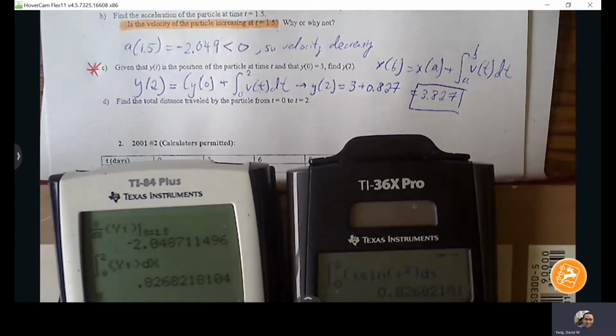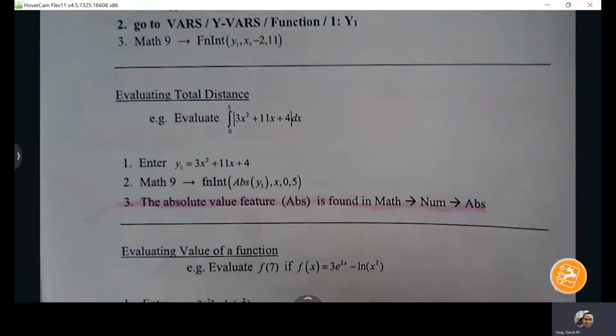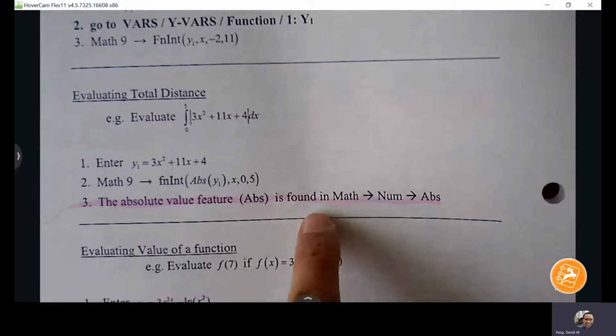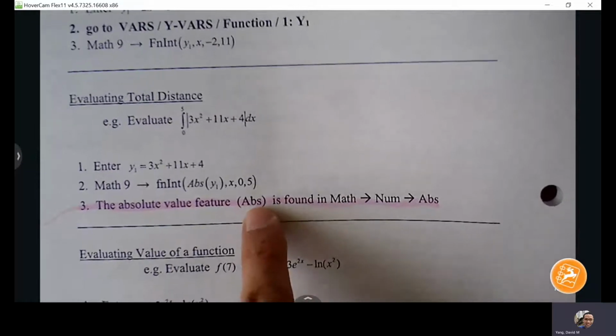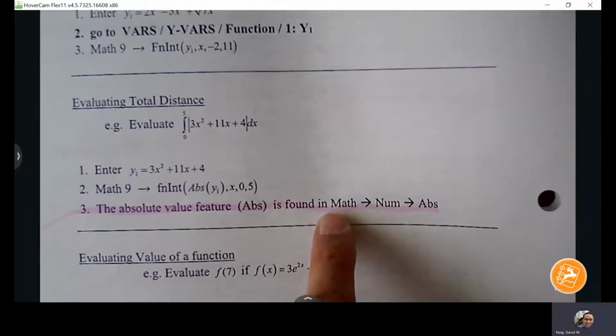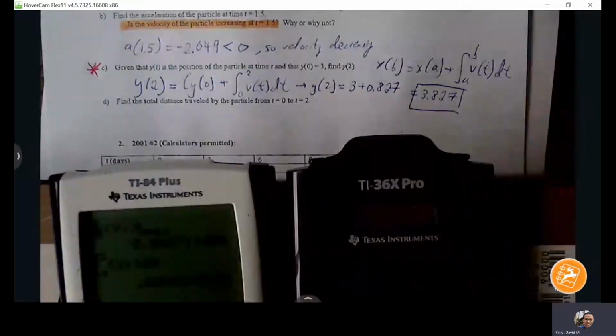Okay, so now part D, find the total distance traveled. If you look on the second page of your summary sheet, evaluating total distance, you're going to get to that absolute value feature, and it's located in math, number, ABS.